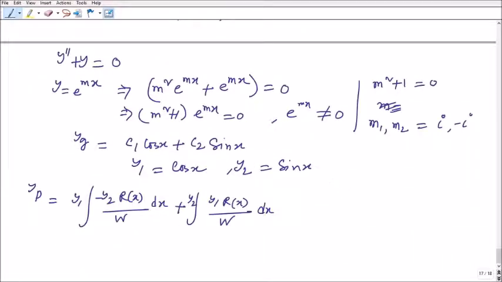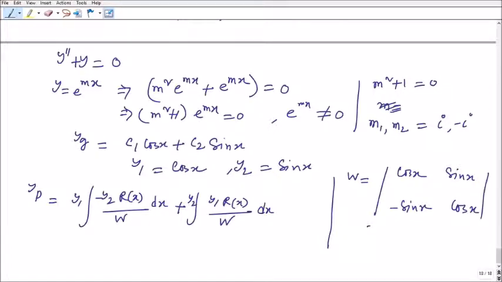So here w, the Wronskian, is equal to the determinant of y1, that is cos of x, sin of x, then the derivatives, that is minus sin of x and cos of x.